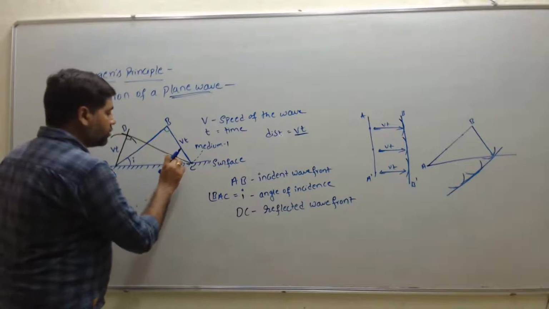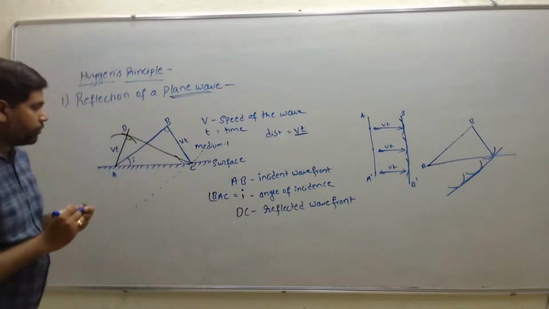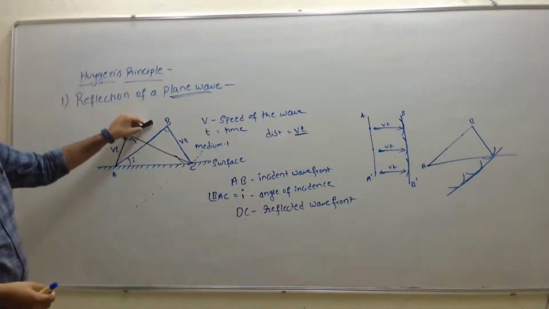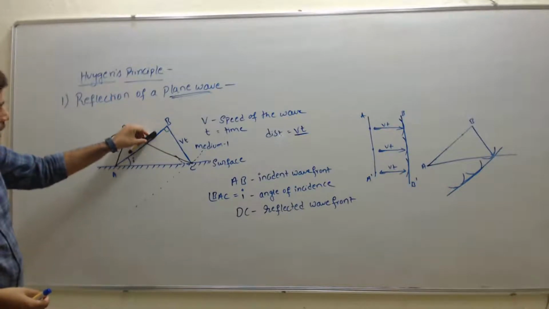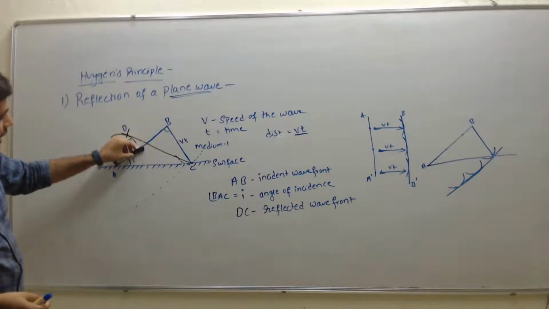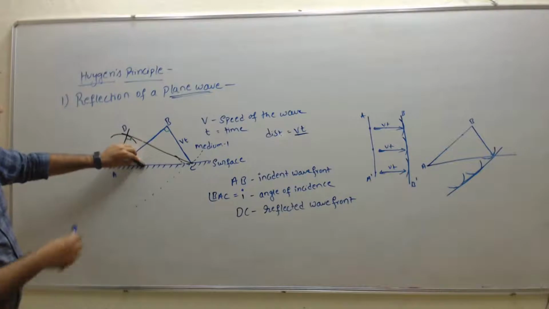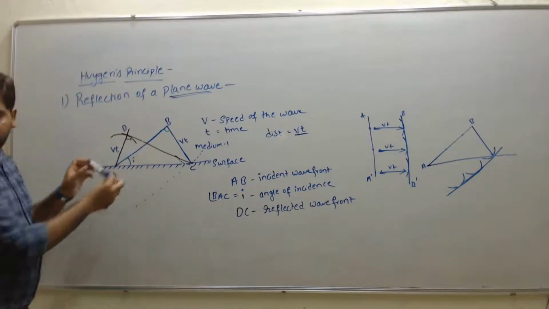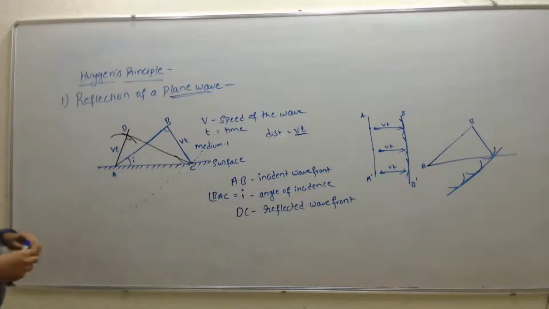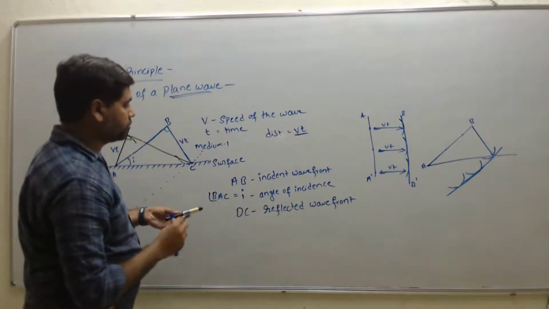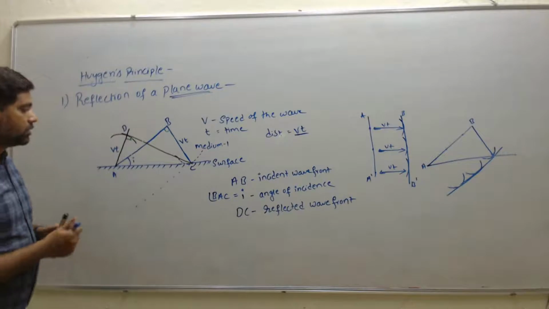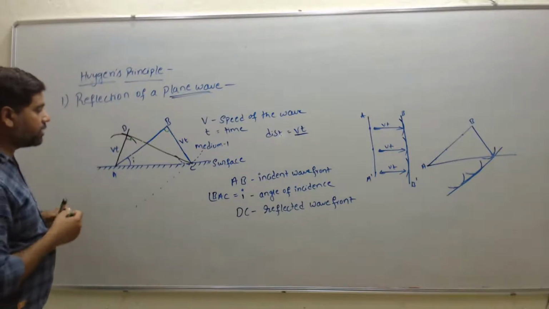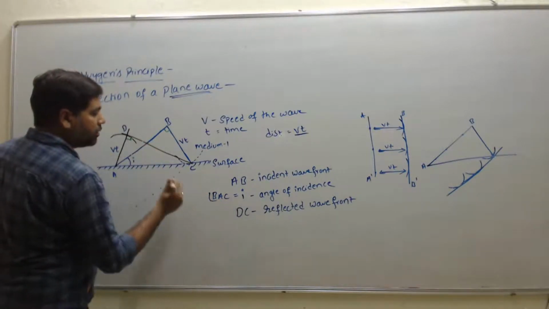So if you observe, this wavefront will come like this and strike the surface. Later it travels like this, which means it has to reflect at the point B. So this one is very small. Next, the angle of reflection. Here, this is the reflected wavefront.